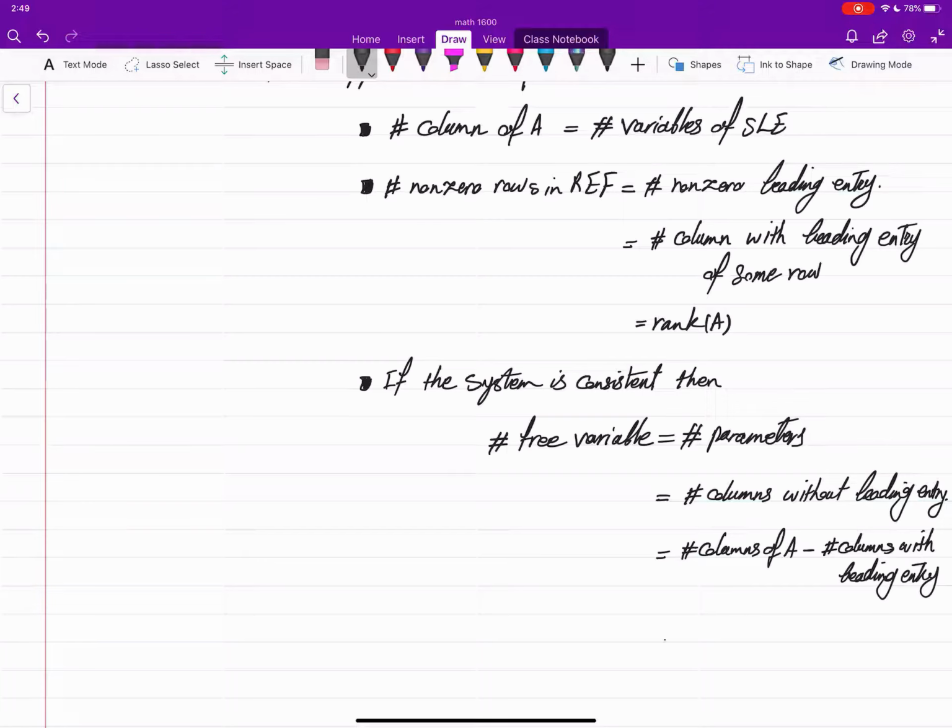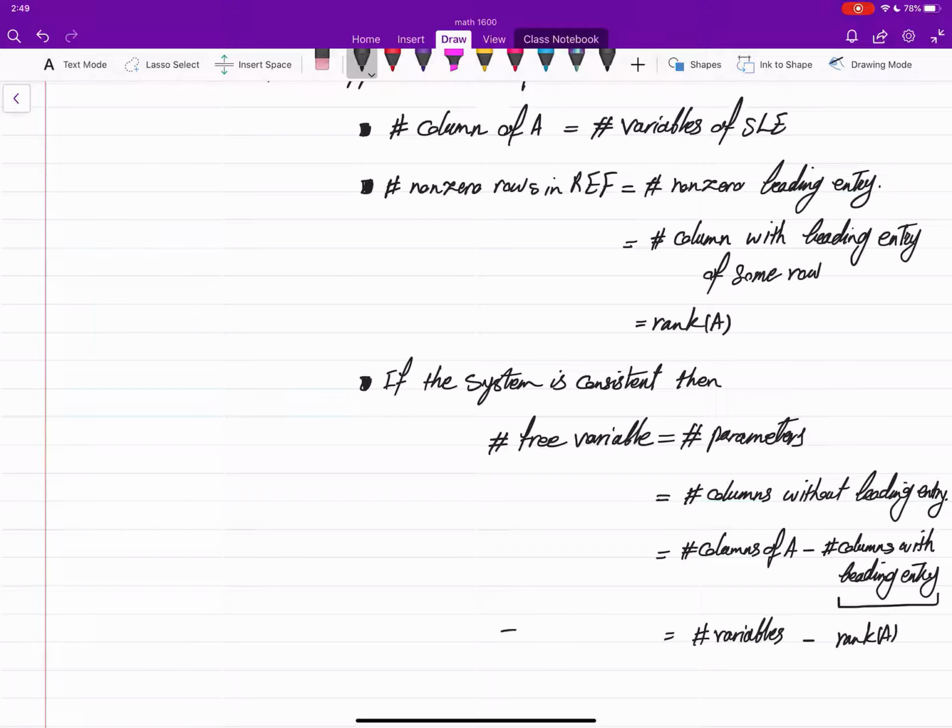And this is nothing but this piece we just figured out, the rank of A. The number of columns of A, on the other hand, is the number of variables of the system, yes?